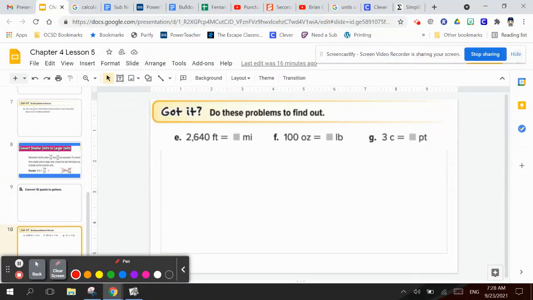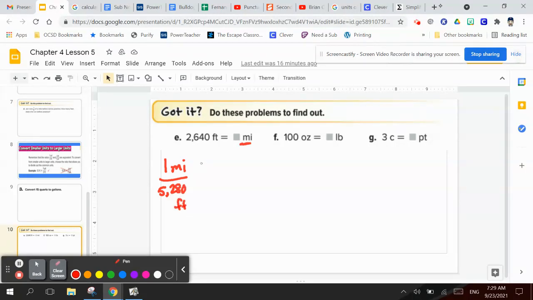So let's take a look at our got it problems on page 291. We want to know how many miles there are in 2,640 feet. So we know that miles is what I'm looking for, so it starts up here. I know 1 mile is 5,280 feet.